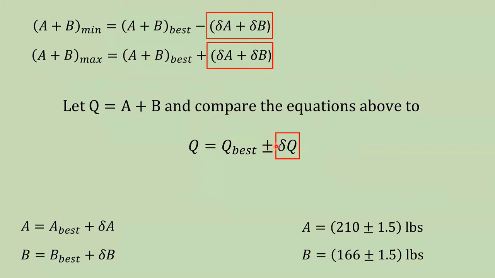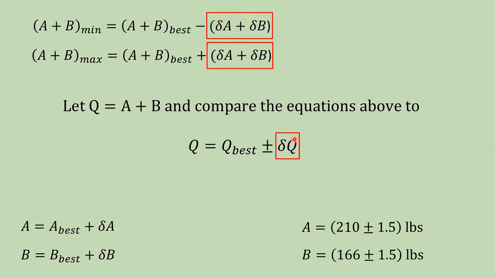Since it's plus or minus some fixed delta Q, here we've got minus this quantity in parentheses, and down here we've got plus this quantity in parentheses. So evidently, this quantity in parentheses is what we can identify as delta Q, because we're subtracting it to find the lowest likely value, and we're adding it to find the highest likely value. That's exactly what delta Q is.